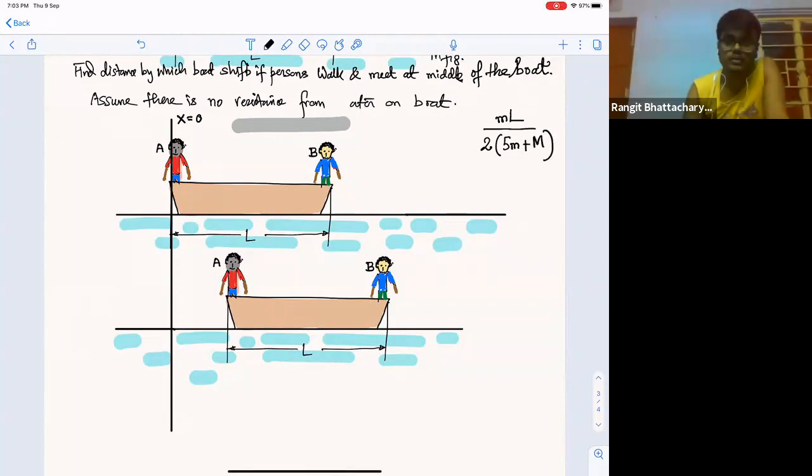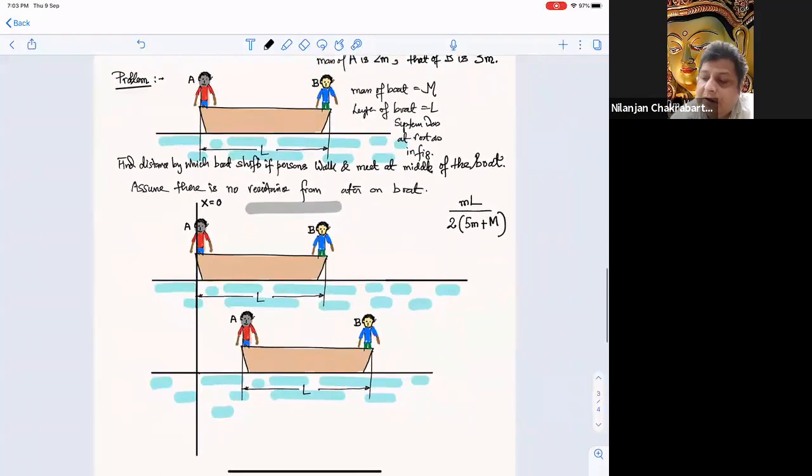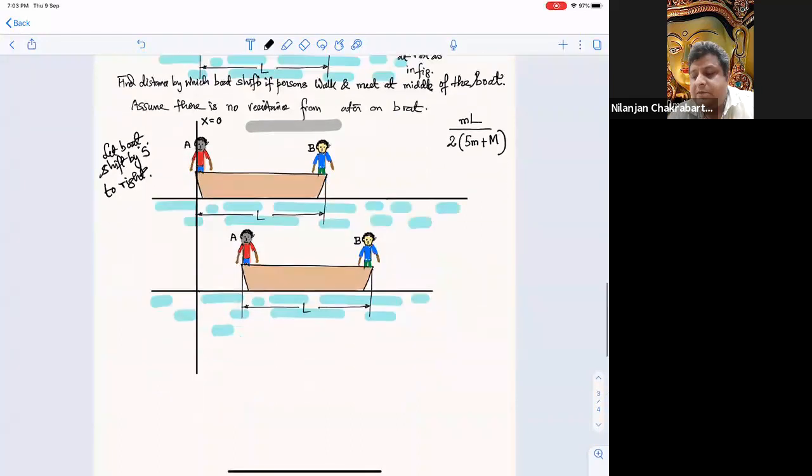Sir, it's to the right. Okay, fine, it is to the right. Anyway, let the boat shift by s to the right.